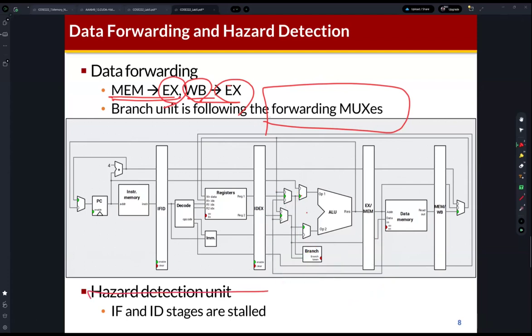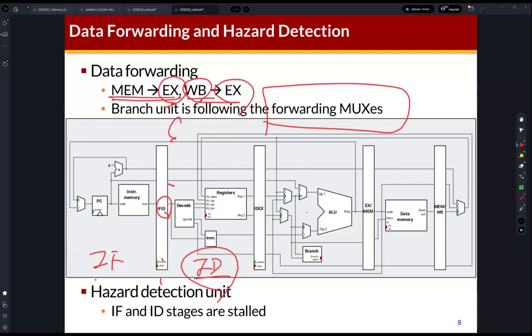And then hazard detection. If a data hazard is detected, then the instruction fetch and ID stages are to be stalled, so you need to implement this operation too. I showed this design: if the stall signal is given to a pipeline register, then the pipeline register does not update the output value.